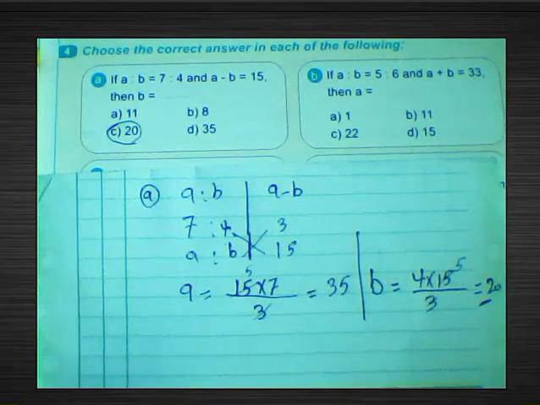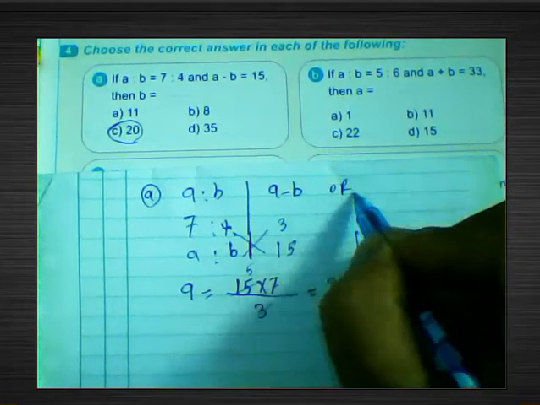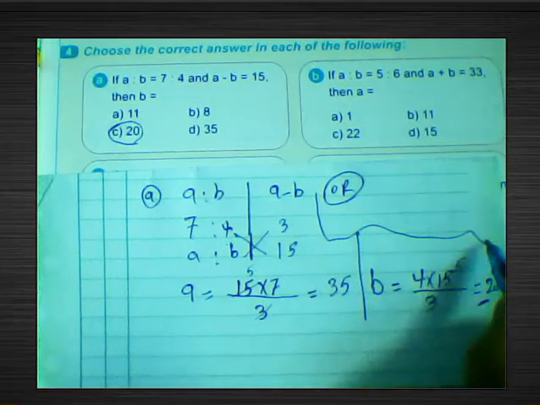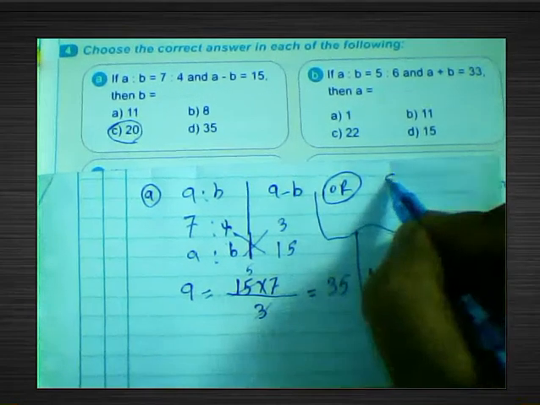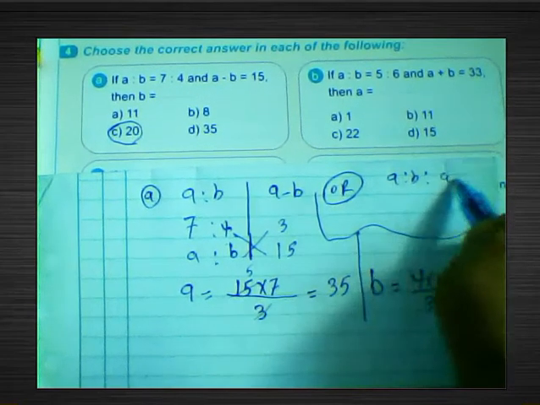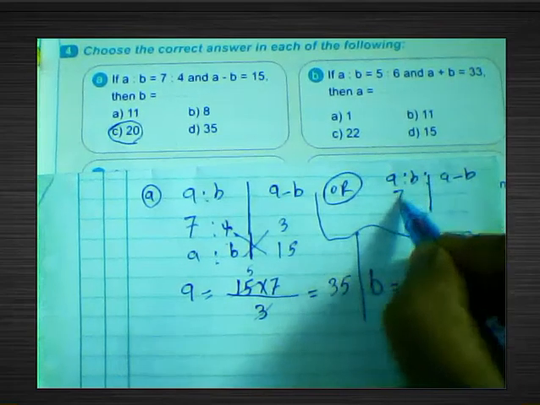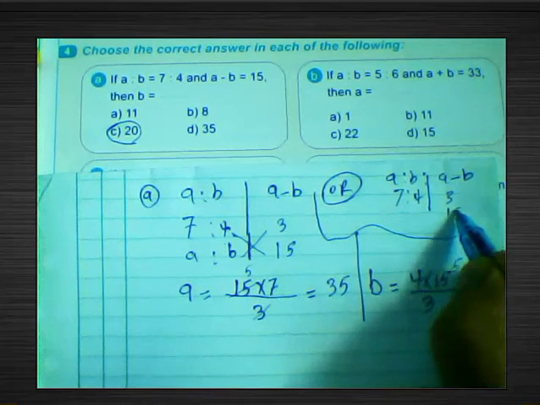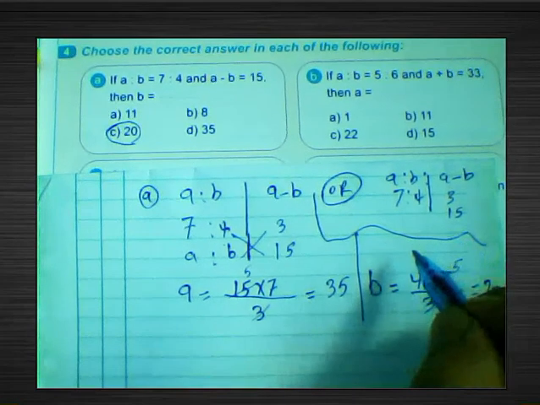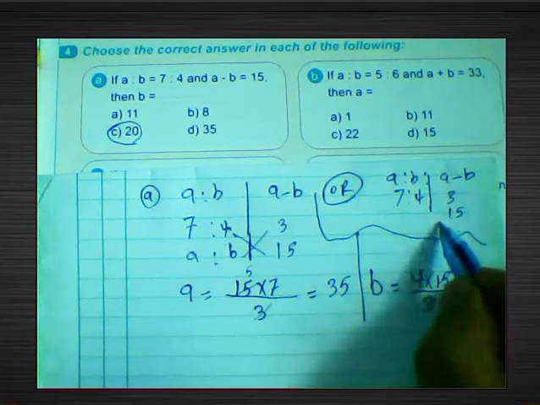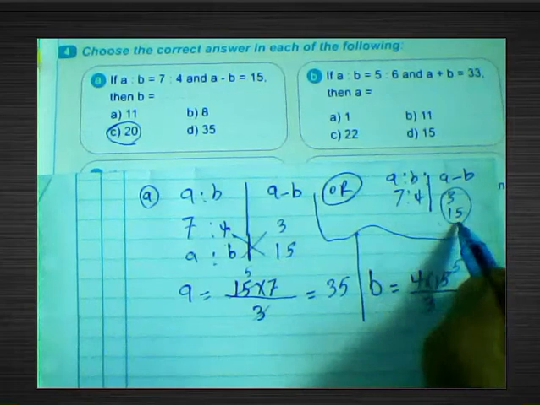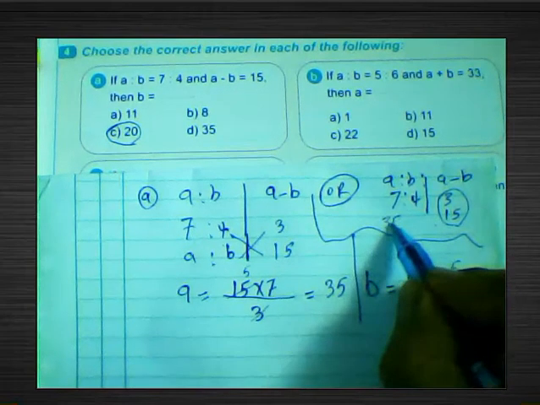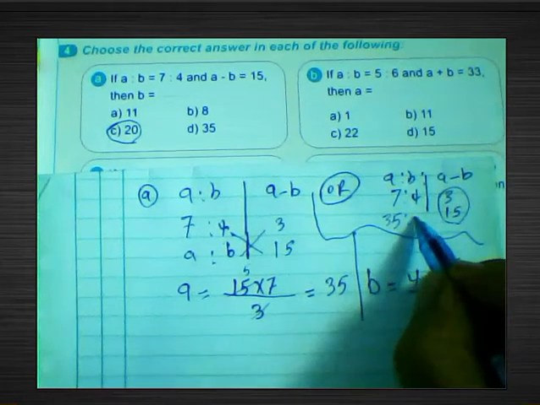Another method. Someone can write A to B to A subtract B, 7 to 4 and 3, and write 15 here and find the value of one part. 15 over 3 equals 5. 5 times 7 equals 35. 5 times 4 equals 20.